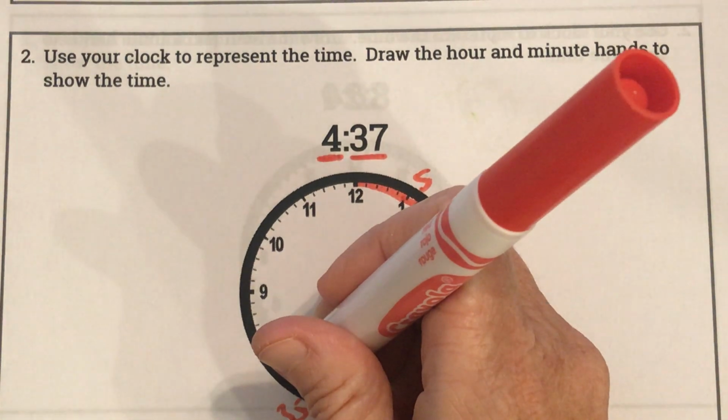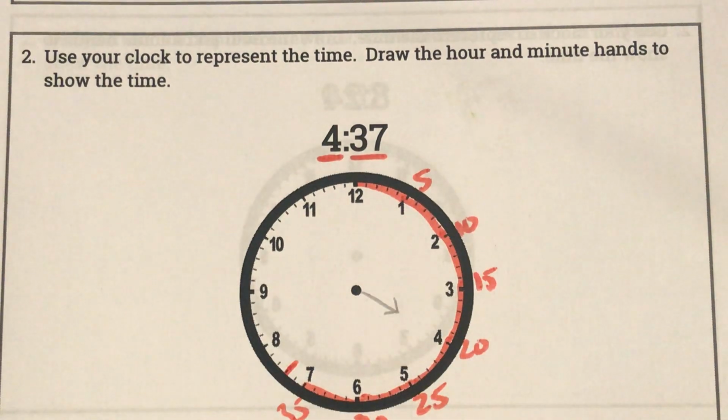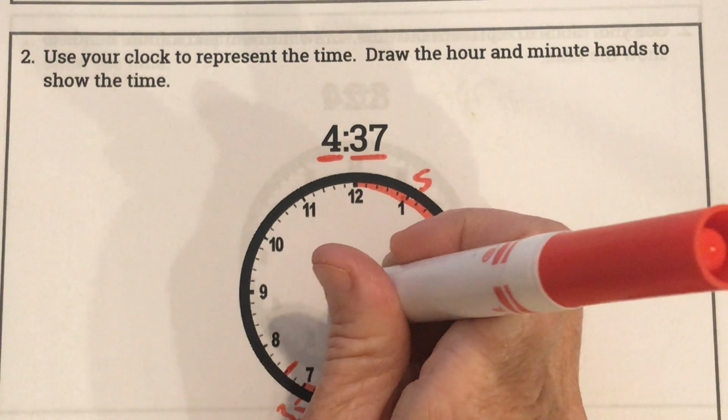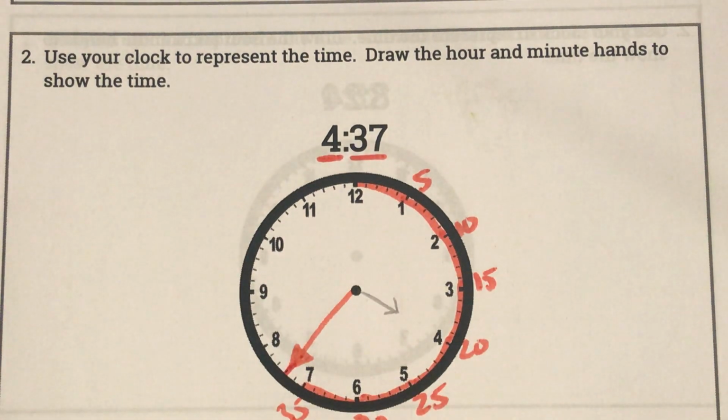So this next one is 36, 37. That's right there is where I want it to point to. So my long hand is going to point right there.